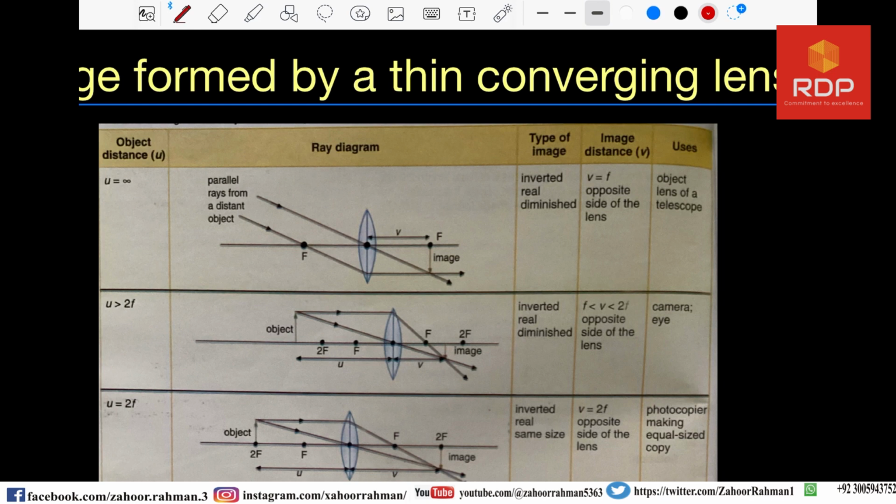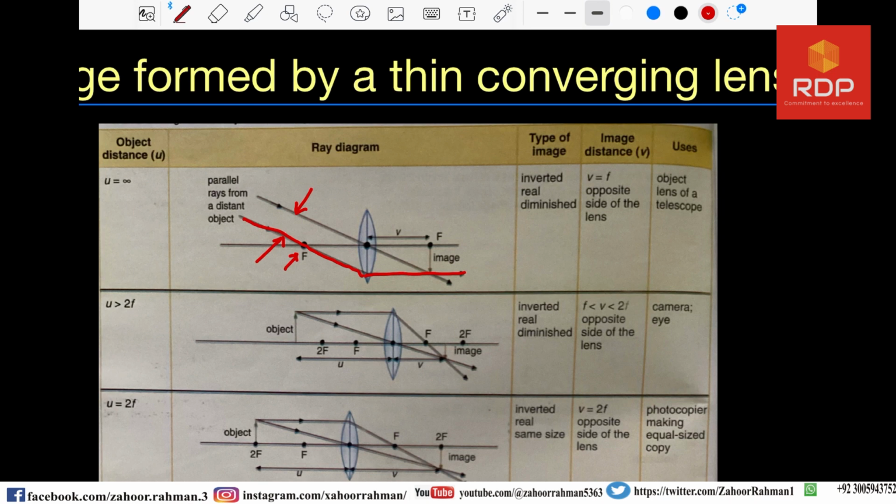You can see that two parallel rays, this one and this one, are coming from far away, and one line is passing through the focus point here. Whenever a ray passes through the focus, after touching the lens surface it becomes parallel to the principal axis, as I am showing you through this line.